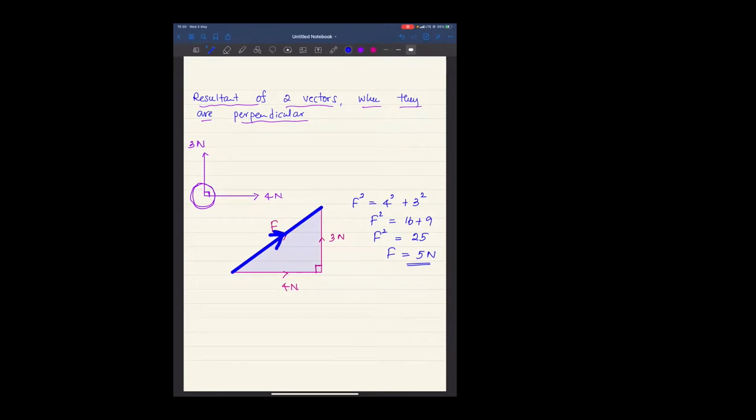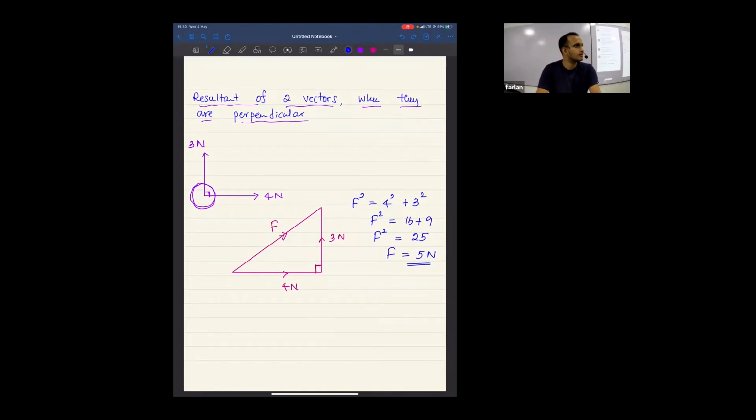In one of our previous classes, we saw that for two vectors, the head of this vector is connected to the tail of the other.